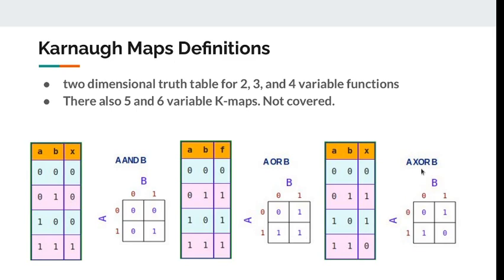And for example, an exclusive OR, where one of them is true, but not both. If both are 0, it's 0. If A is false and B is true, it's true. If A is true and B is false, it's also true. But if both are true, it's 0.